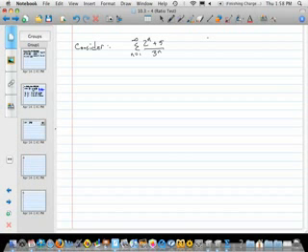So we want to find rho. Rho equals the limit as n goes to infinity of a sub n plus 1 divided by a sub n.